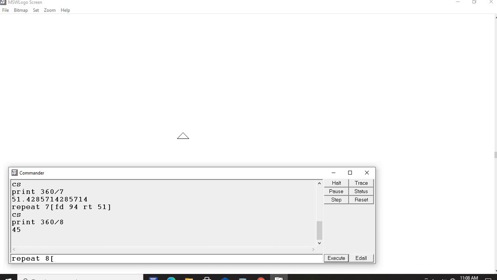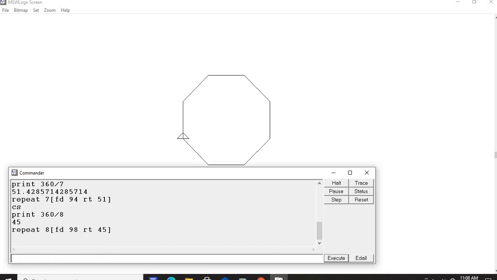So repeat 8, opening bracket and then FD. The size I can take anything depending on my choice, 98. And RT we will take as 45, because 360 divided by 8 is 45, and then a closing bracket. Now when I press enter, we will be able to draw an octagon.